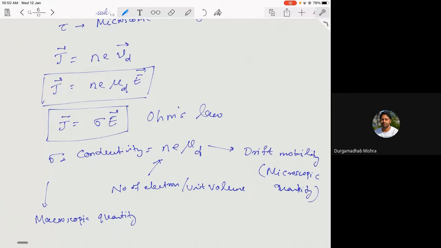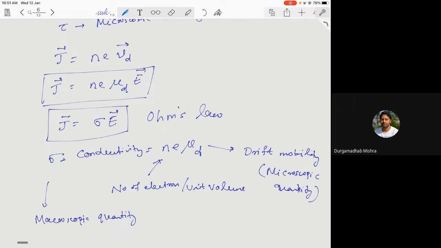Although we are talking about the average velocity and everything, it is related to the microscopic picture. So a macroscopic quantity that you can measure is related to this microscopic parameter, so to say, in a material.